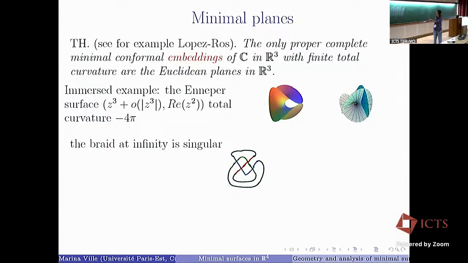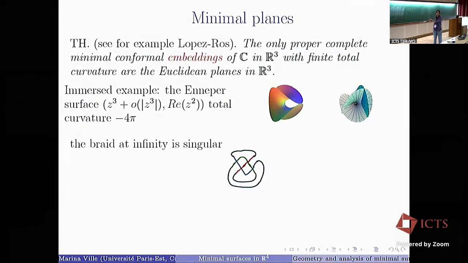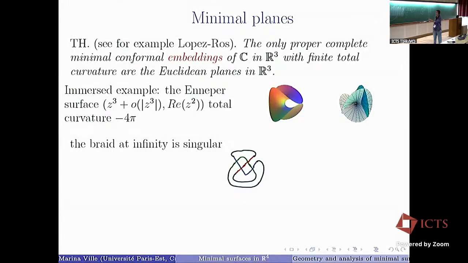Even though we can view the Enneper surface in R4, instead of the thing at infinity being in the full R, it will be in an S2 inside S3. And so we can draw the braid at infinity. Of course, it would be singular, because the braids I showed you were sort of 3-dimensional.